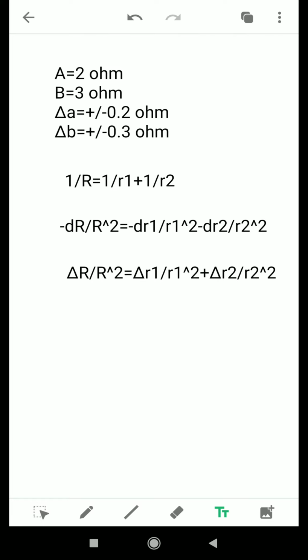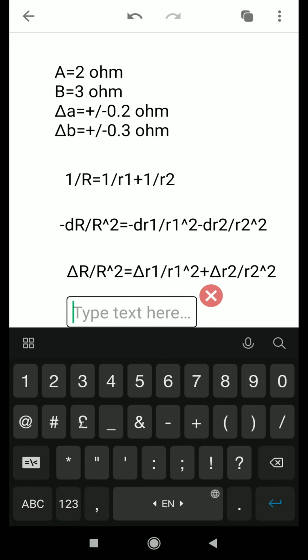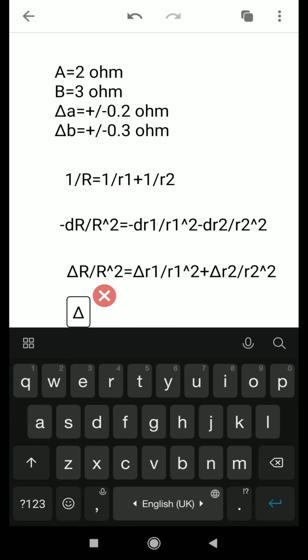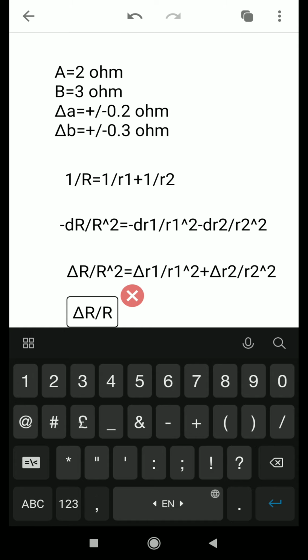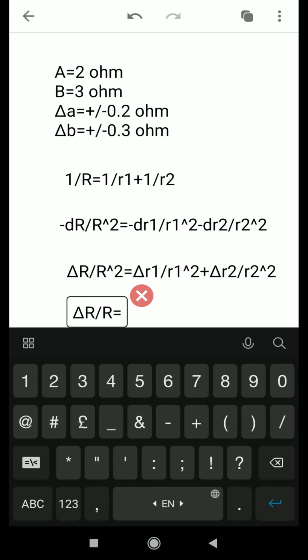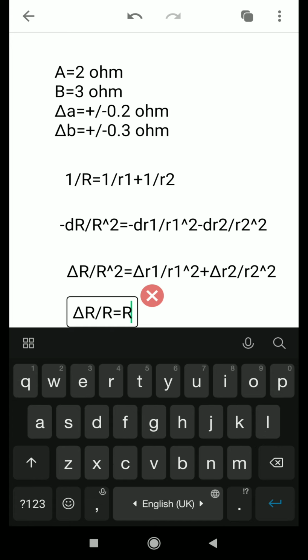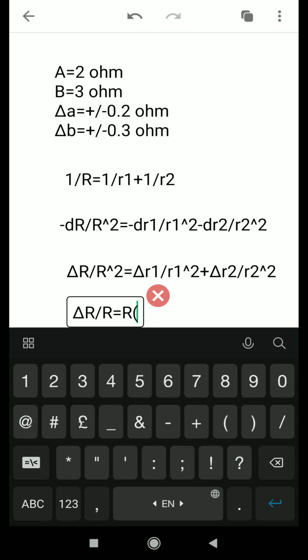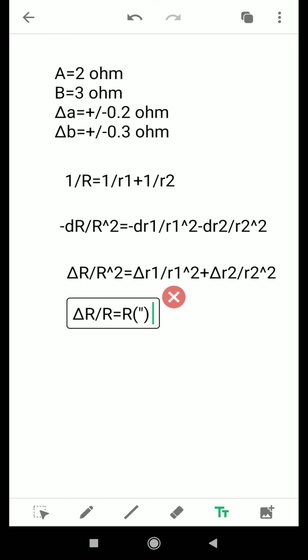So you get del R by R equals R into the total value of the right side.